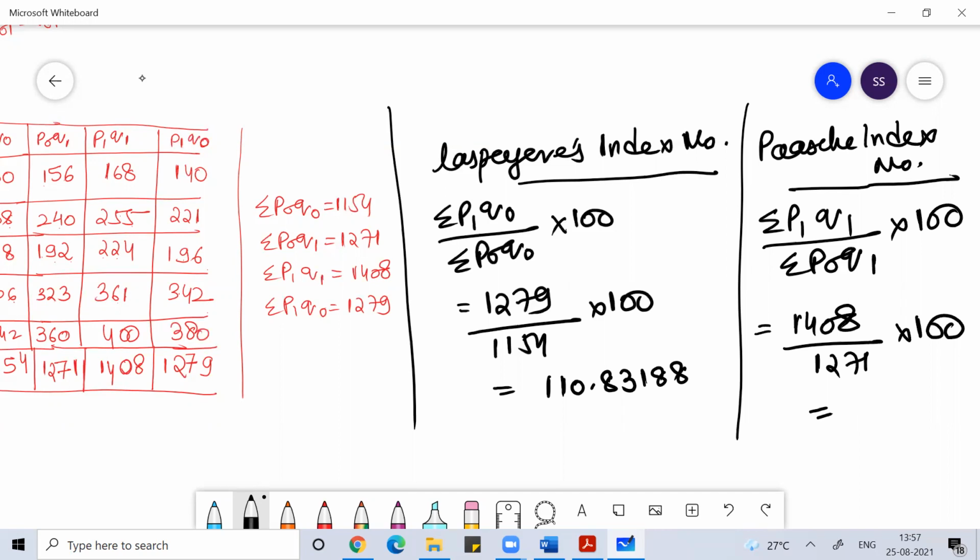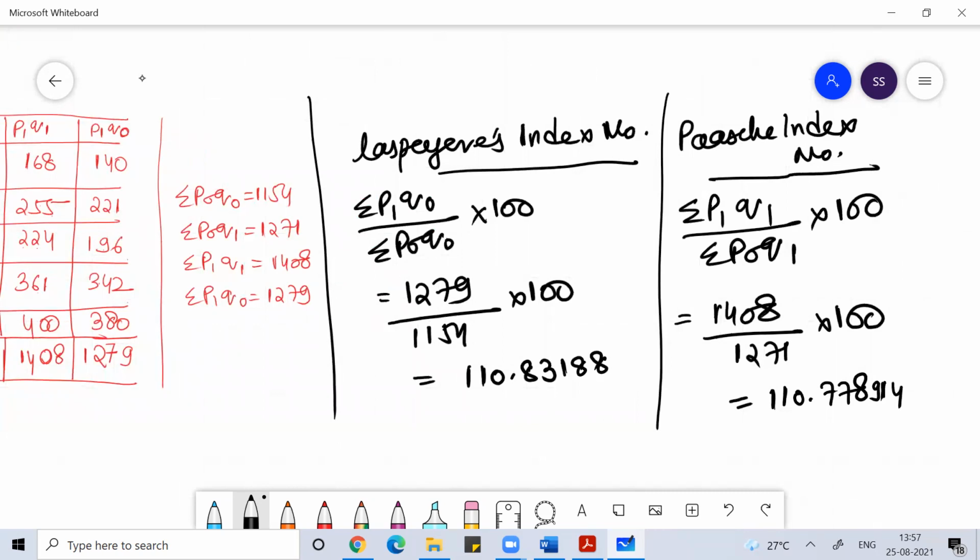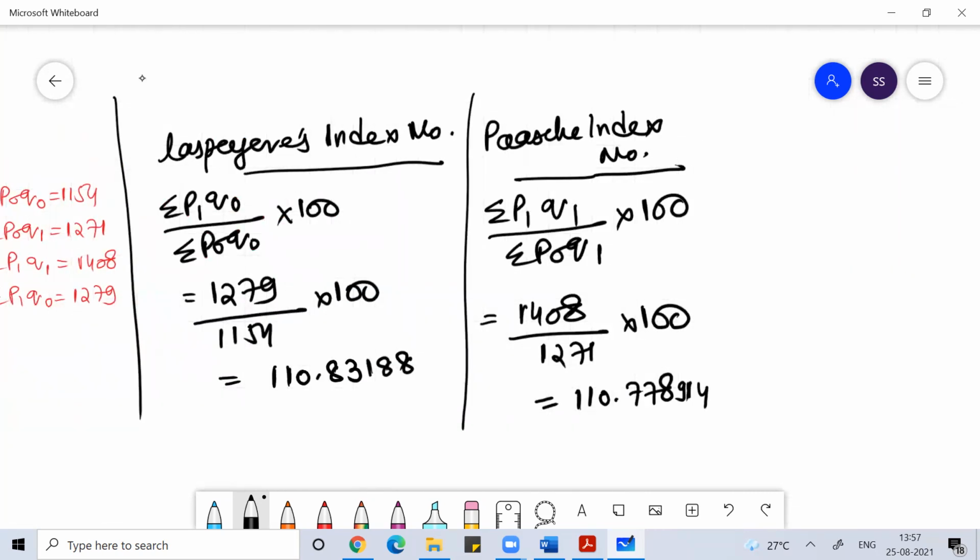That is 110.778. Any doubt, anyone? So you find Laspeyres, you find Paasche.